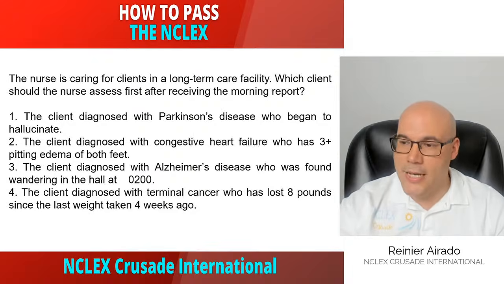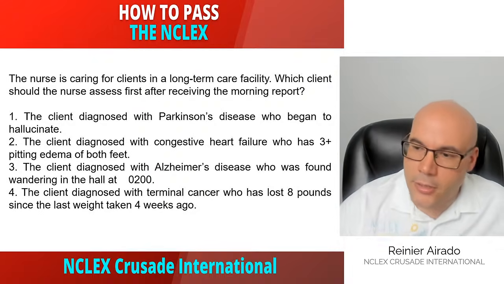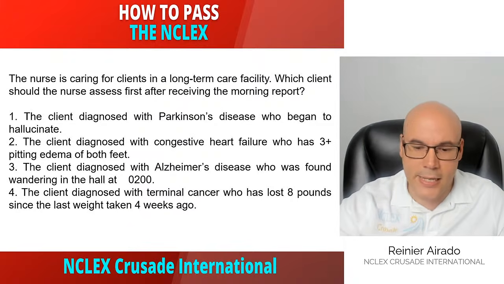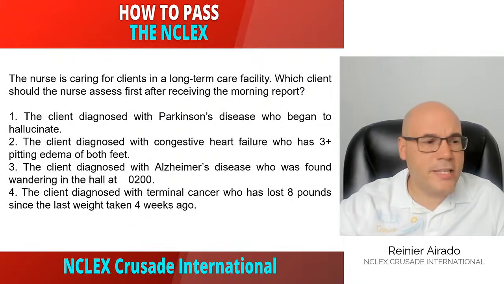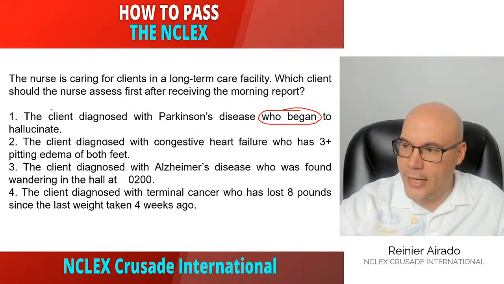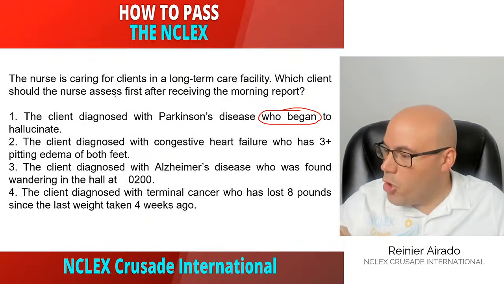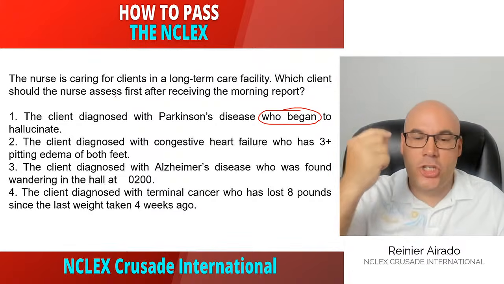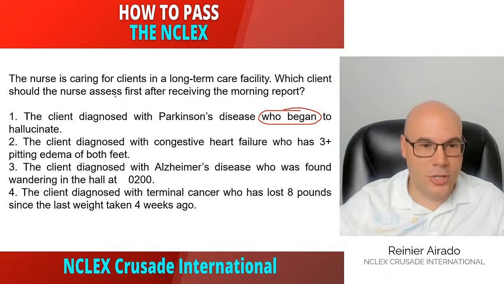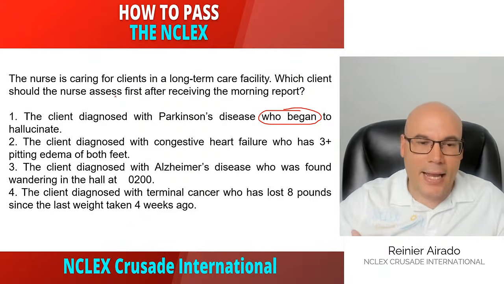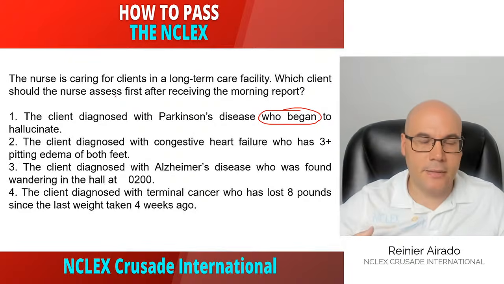The nurse is saying, one of your patients is a client diagnosed with Parkinson's disease, and here's the key word, who began to hallucinate. What does this word began mean? Once again, change in condition. The patient has a chronic diagnosis, Parkinson's disease.